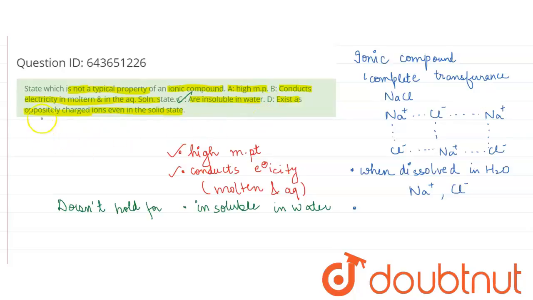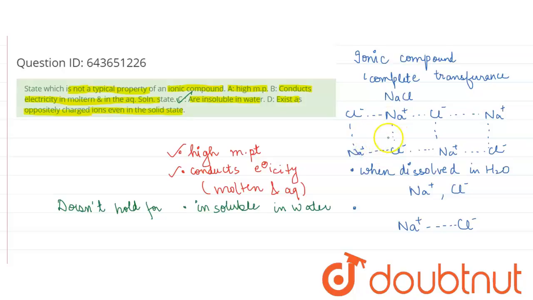D says they exist as oppositely charged ions in solid state. Remember, here it was asked molten and aqueous solution state, where they are dissolved and in the form of their ions. In solid state, it exists as oppositely charged ions only, like I have shown here, with strong electrostatic forces of attraction between them.